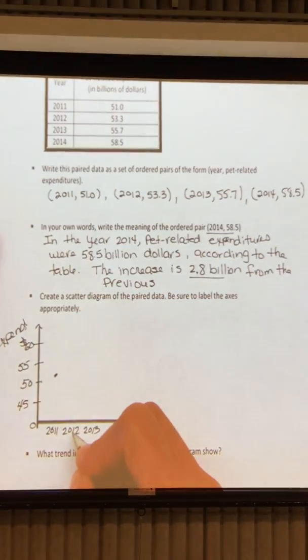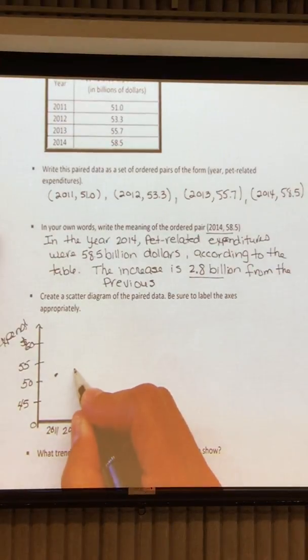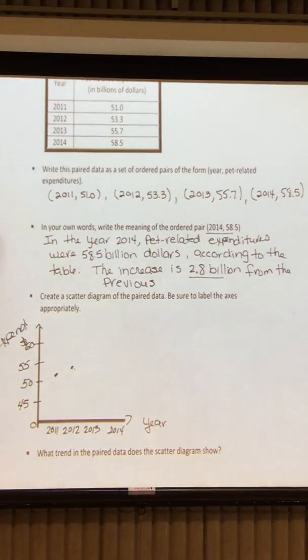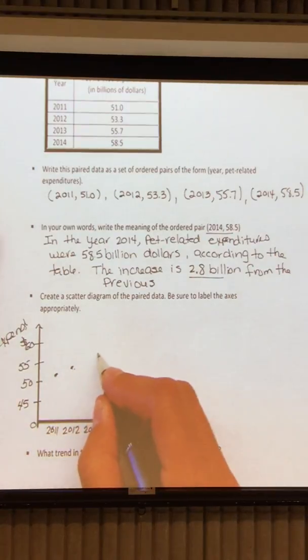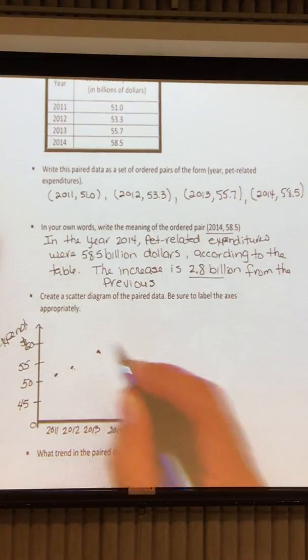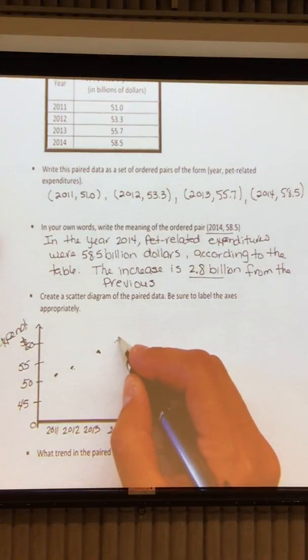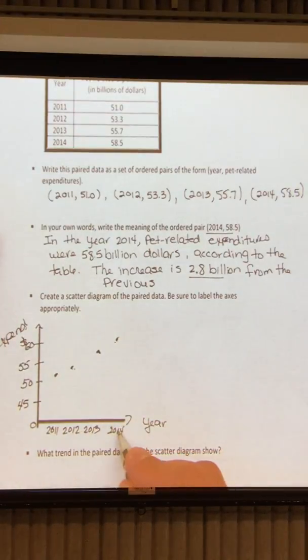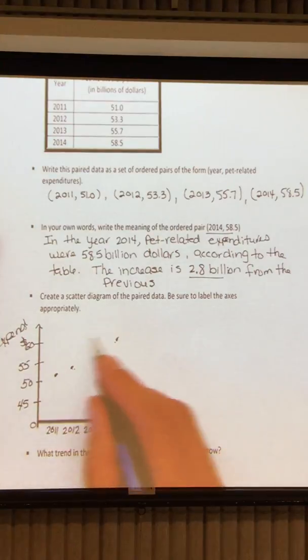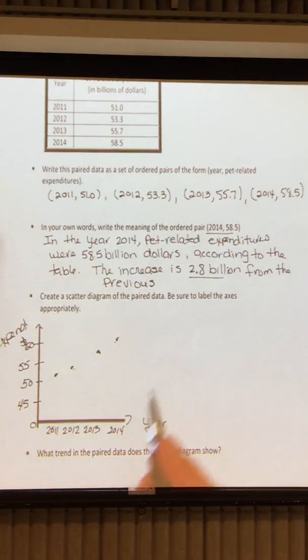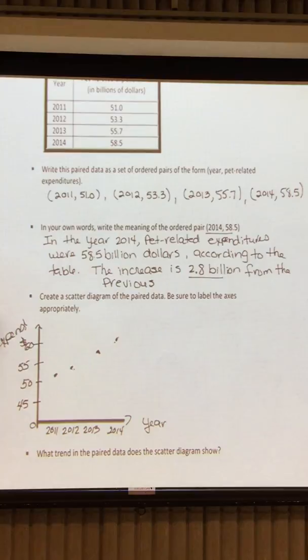2012, we have 53. So 53 is a little bit more. 2013, we have 55.7, which is here. And in 2014, we have 58.5. So 2014, 58.5, and that is our scatter plot.